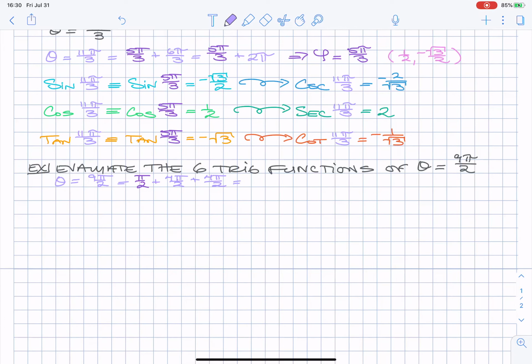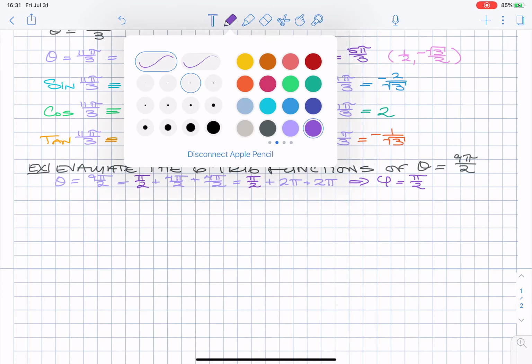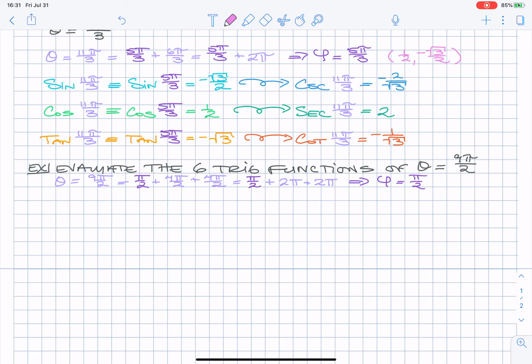So that's going to be pi over 2 plus 2 pi plus 2 pi. So that means that our corresponding angle phi between 0 and 2 pi is pi over 2. So the coordinate at pi over 2 is 0, 1.